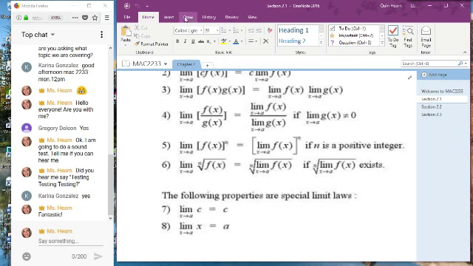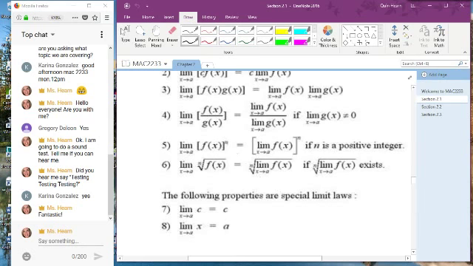So as an example, if we have the limit as x approaches 2 of 5, we said that's just going to be 5. And if we have the limit as x approaches 2 of x, you just plug in the 2, so that's just going to be 2.